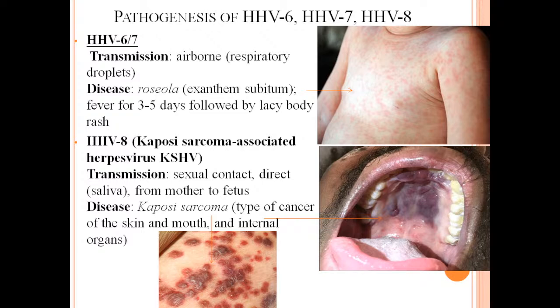Kaposi sarcoma is a type of cancer of the skin. You may see brown and dark spots or malignant formations on the skin, in the mouth, cancer of the mouth, and sometimes internal organs.